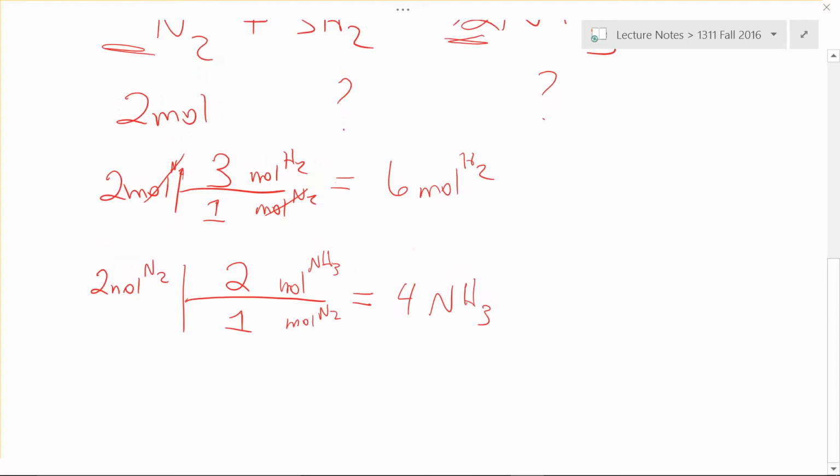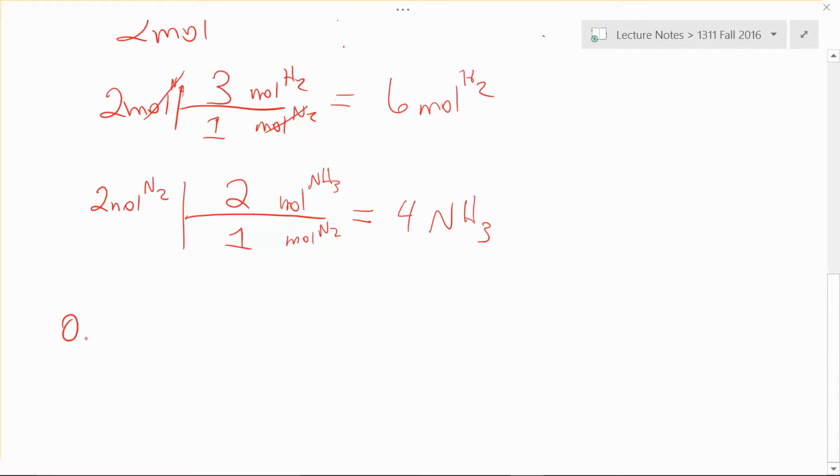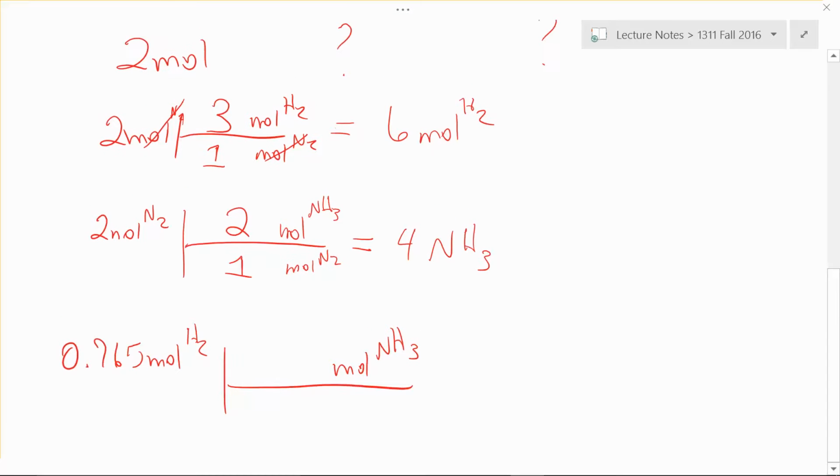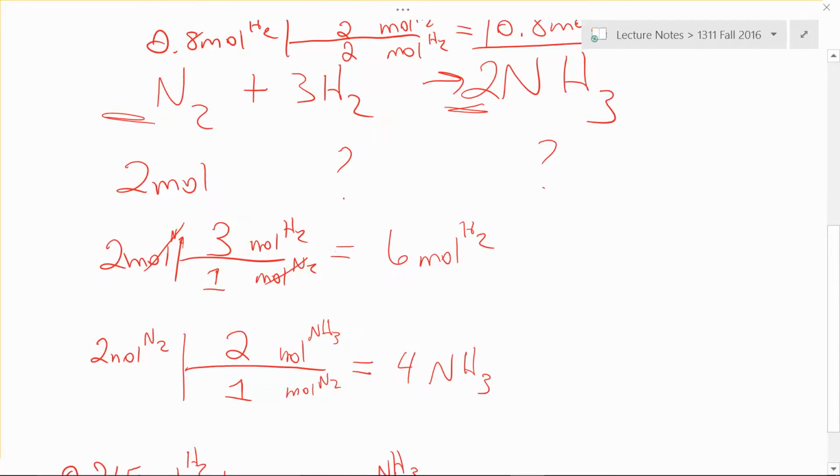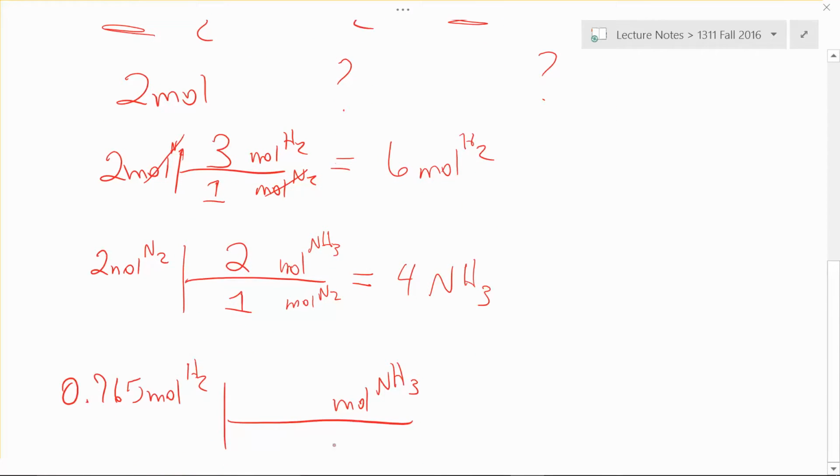What if I had started with H2? What if I had said, if I have 0.765 moles of H2, and I wanted to know how many moles of NH3 I could make from 0.765 moles of H2. Here's my balanced equation. I'm going to get rid of the moles of H2. So how many moles of NH3 are produced in that reaction for how many moles of H2? What's the ratio?